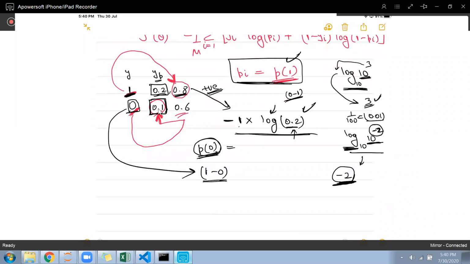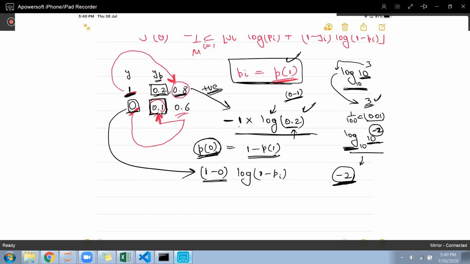So what will be the probability of 0? It will be 1 minus the probability of 1. So that's why I have written 1 minus pi.